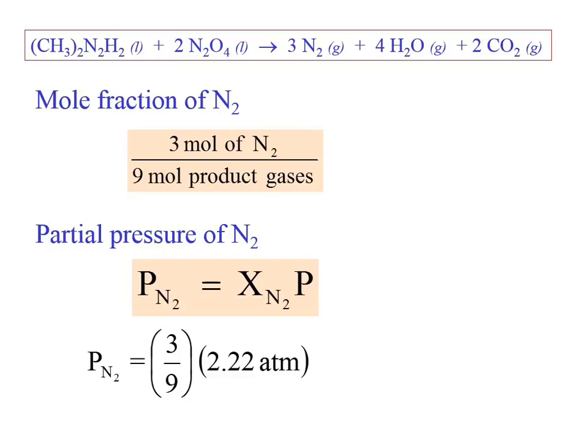So the partial pressure of nitrogen is 3 to 9, which is the mole fraction, times the total pressure, which is that 2.22 atmospheres. Rounding to 3 significant figures, I get 0.740 atmospheres.